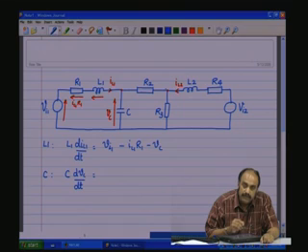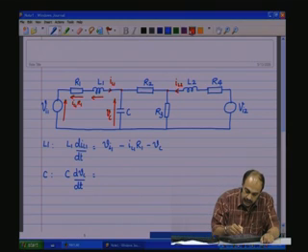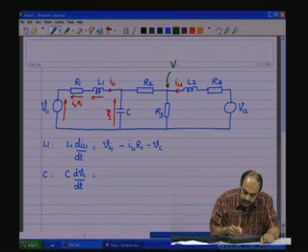But we have not given a variable to this node potential. Therefore, we shall now introduce an intermediate variable at this point in a different color, and let me call it as Vx.